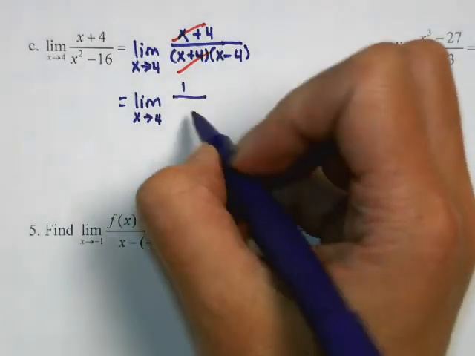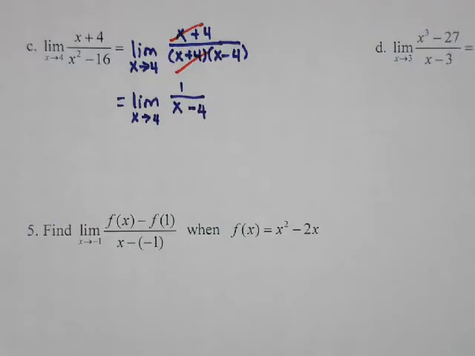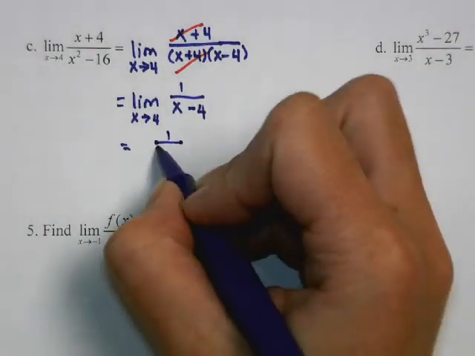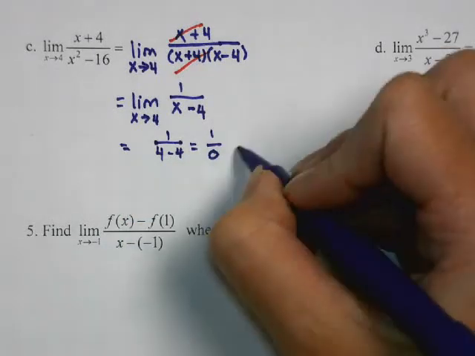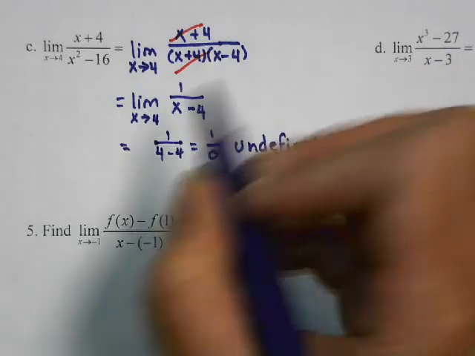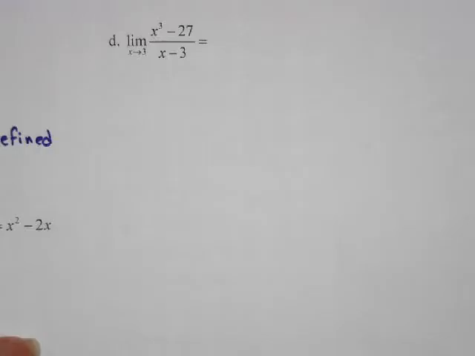So we're going to have 1 over x minus 4. We plug in the 4, and we get 1 over 4 minus 4, which is 1 over 0, which is undefined. So there is no limit here. If we were to graph it, it would be an asymptote.